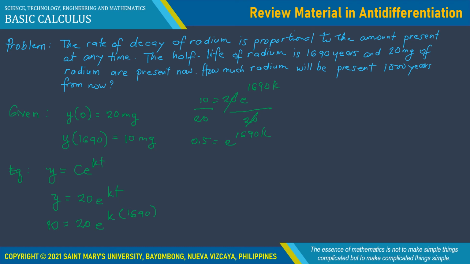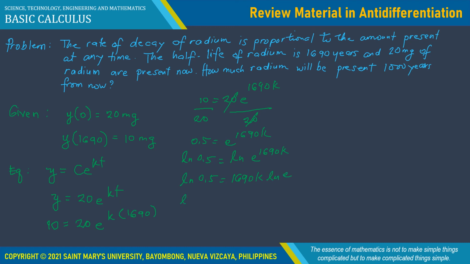Okay, how we are going to solve for k? Simple lang. Kunin natin ang natural logarithm ng both sides. So ln 0.5 is equal to ln e raised to 1,690k. Using the logarithm of power, so yung exponent niya magiging coefficient, 1,690k times ln e.